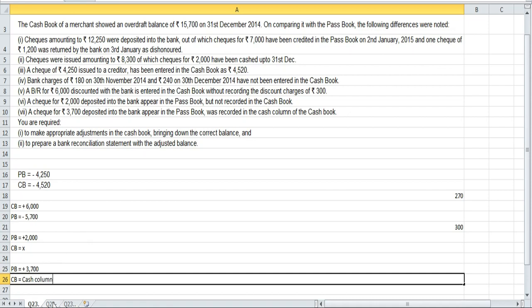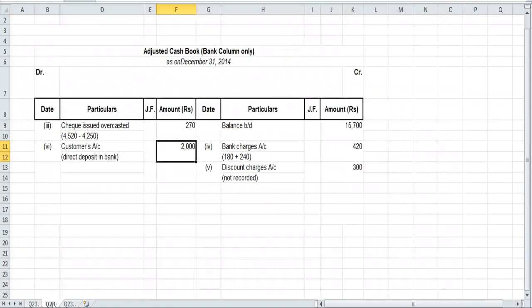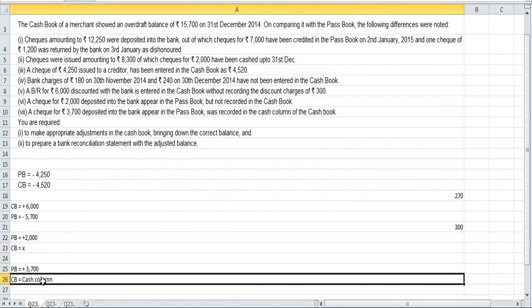So here again, what will we write down? Number 7. The customer had deposited in the bank 3700 rupees, but by mistake what have we done? We have entered this in the cash column.